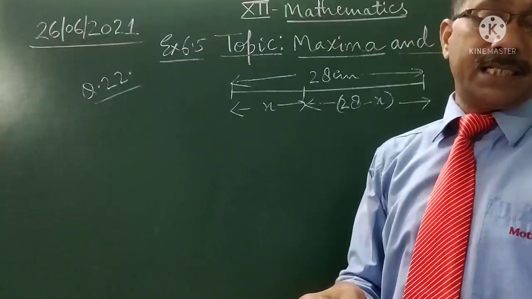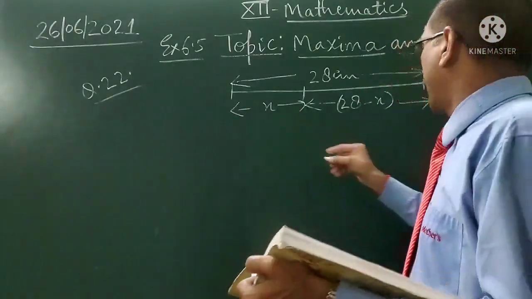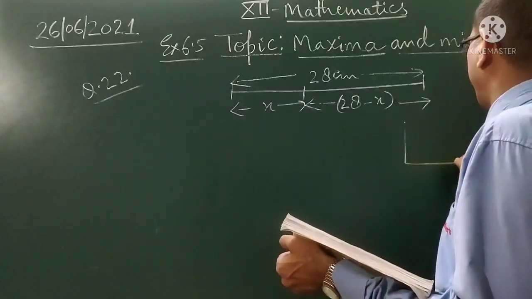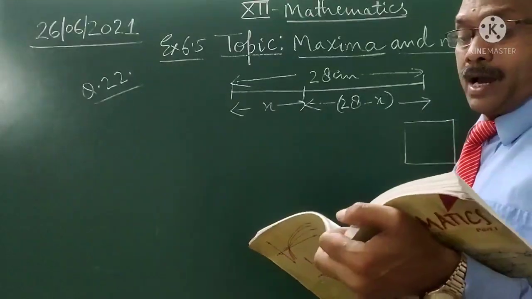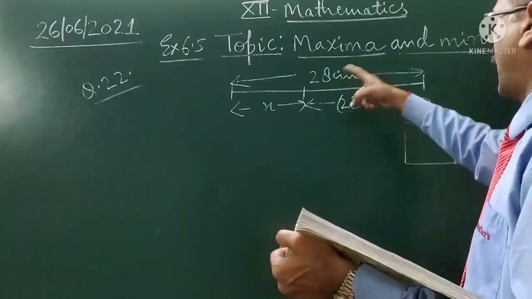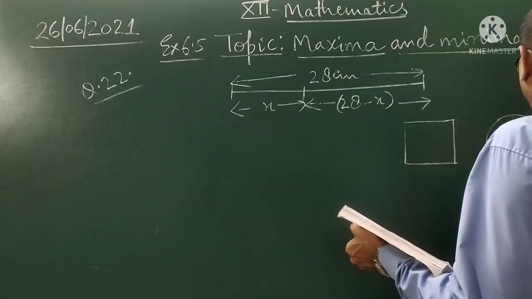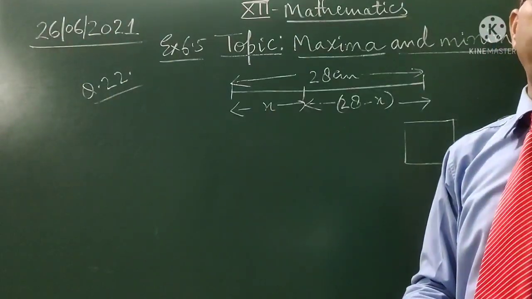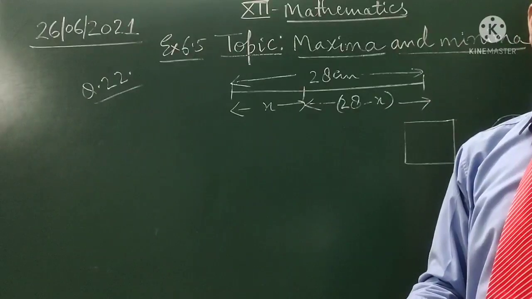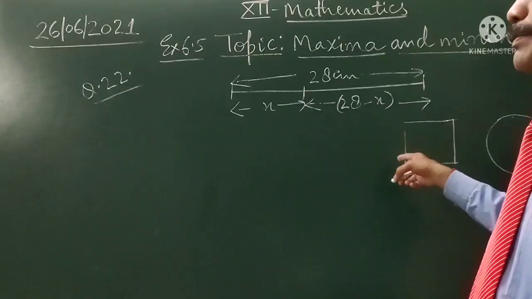One of the pieces is to be made into a square, and the other into a circle. What should be the length of the two pieces so that the combined area of the square and the circle is minimum?